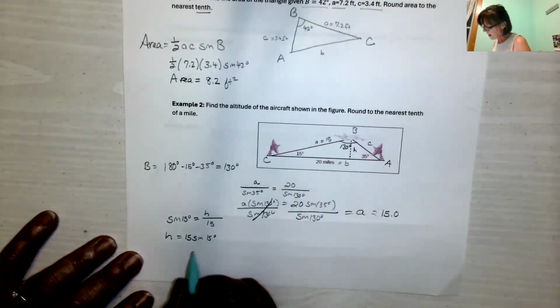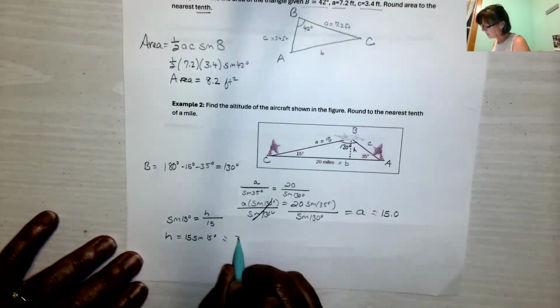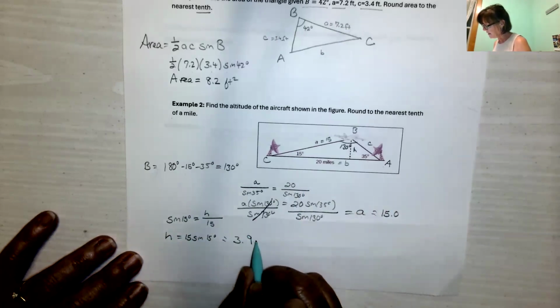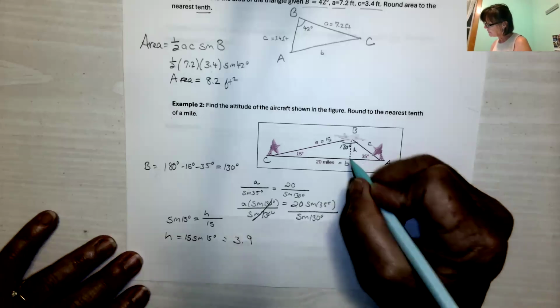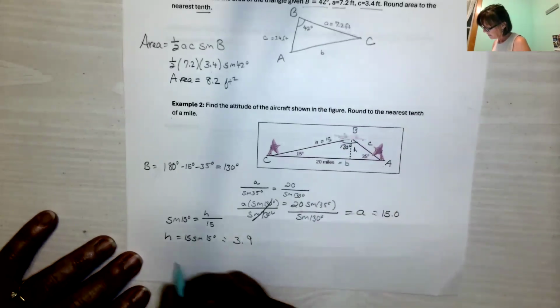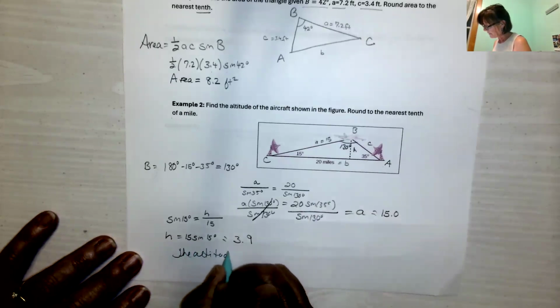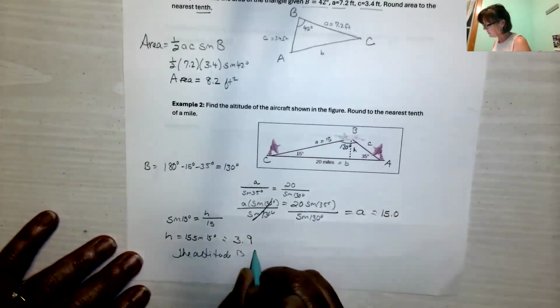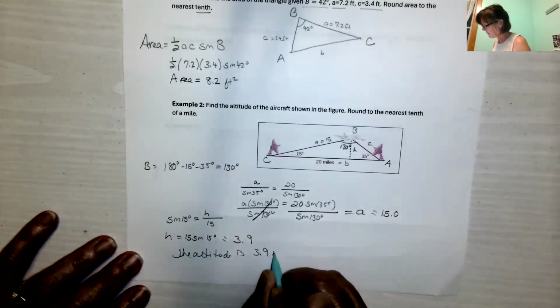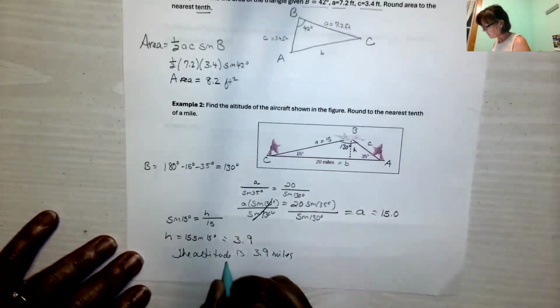And that is, to the nearest tenth, 3.9. And so that is the altitude. That's how high the plane is. The altitude is 3.9 miles, the altitude of the plane.